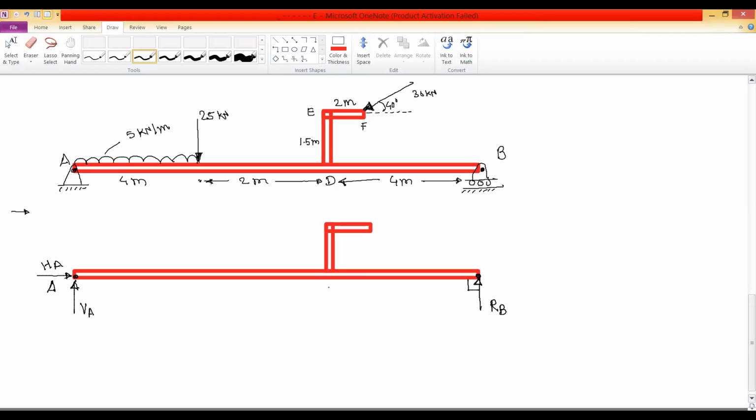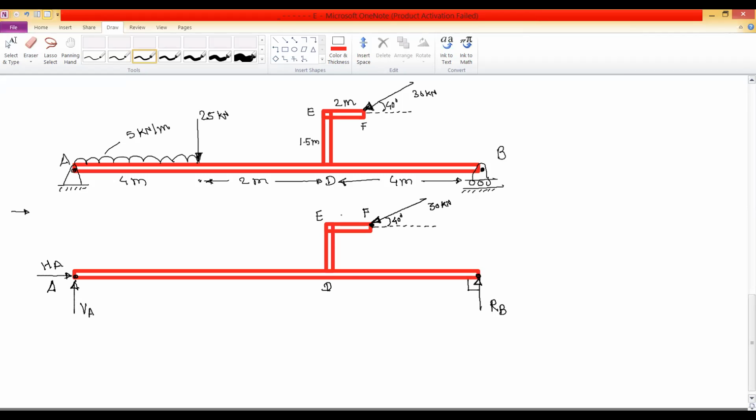Now this DEF is the extended portion of the beam AB. And at point F, we have one point load, which is 30 kilonewton, and it is inclined at an angle of 40 degree with respect to the x-axis.